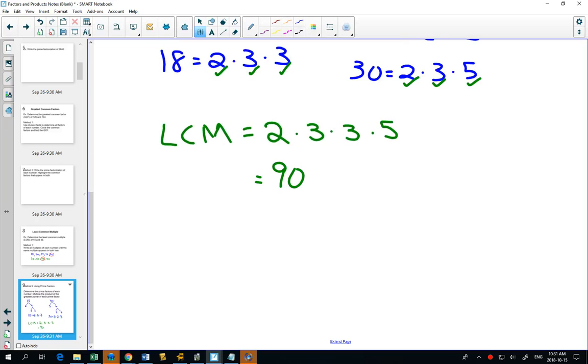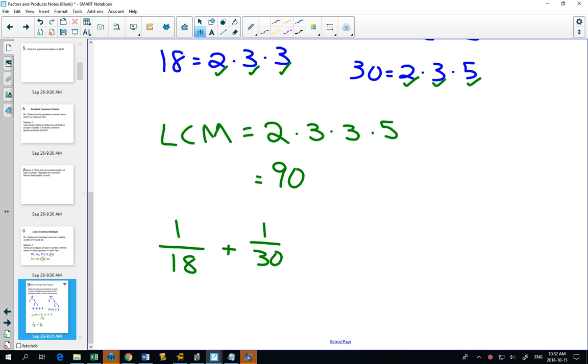Maybe you don't notice it, but if I wanted to add, okay, what were our numbers to start with? 30 and 18? Oh yeah, they're right there. If I wanted to add, what's 1/18 plus 1/30? What do I need to do? I need to find a common denominator. How do I find that common denominator?